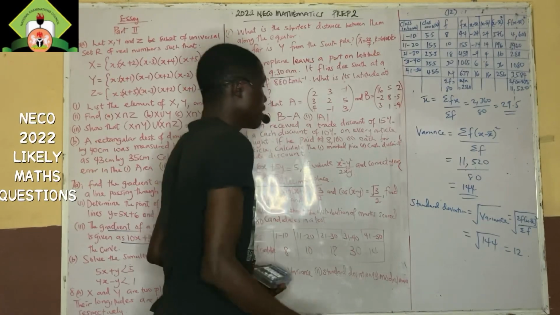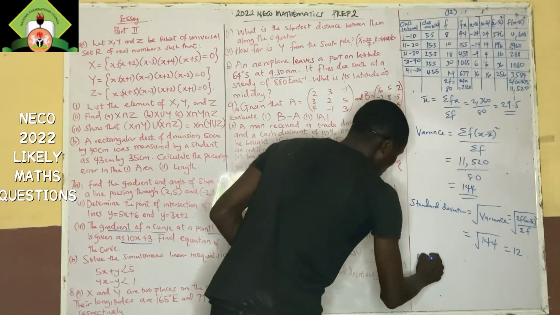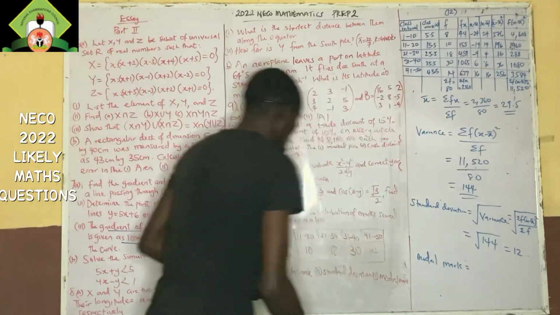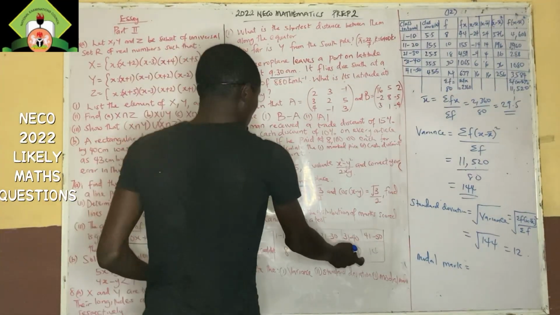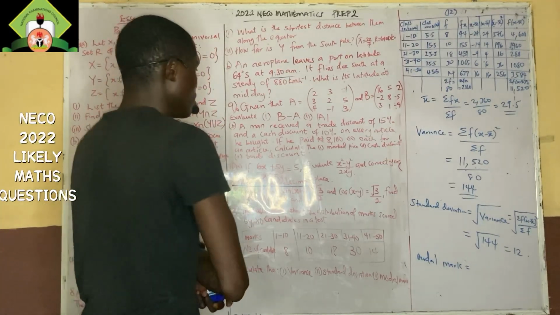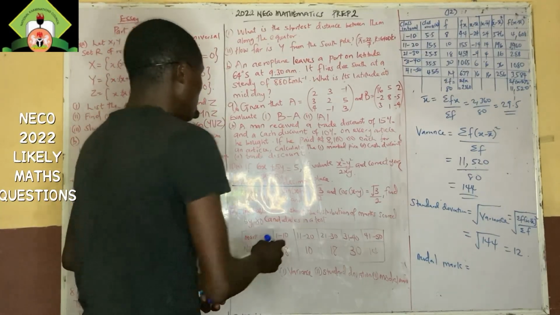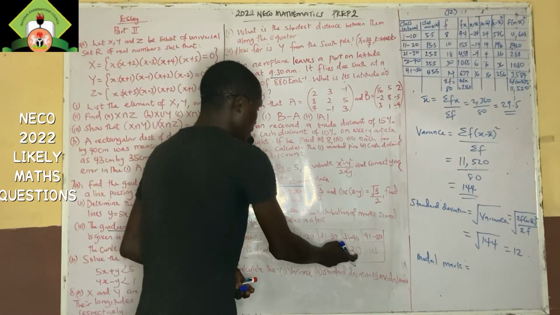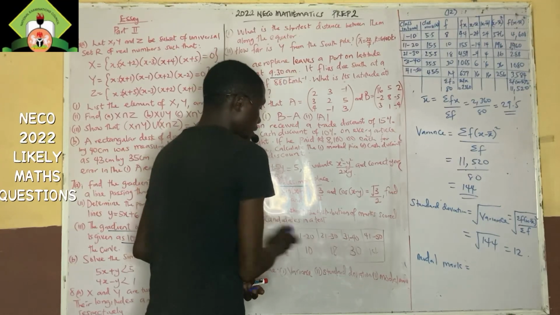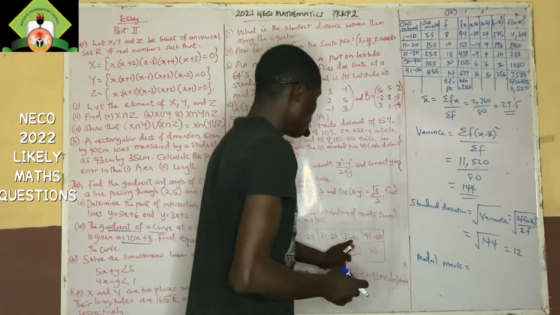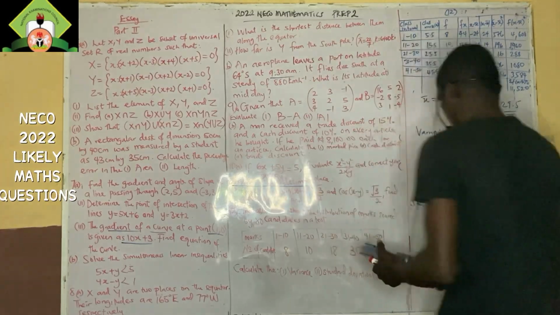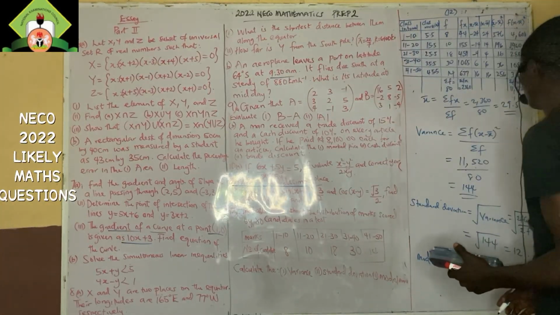So what is the modal class? The modal class is the one with the highest frequency. The modal class here, look at this, is between 31 and 40.